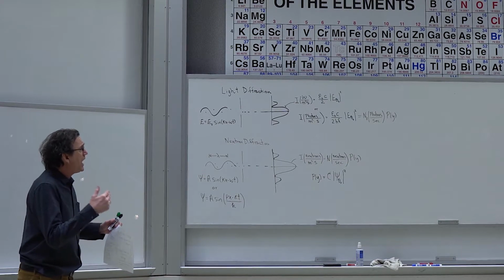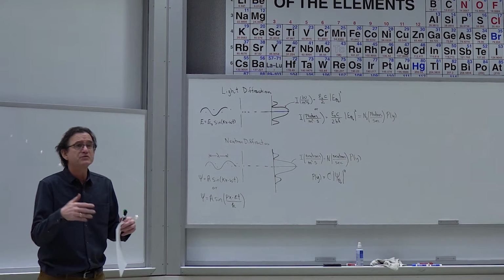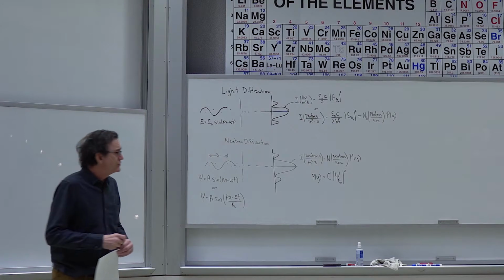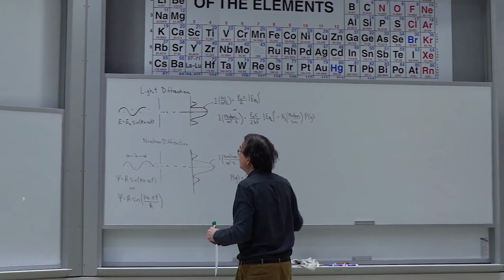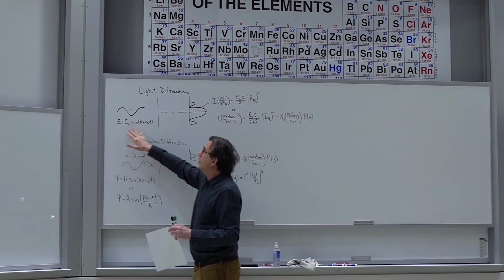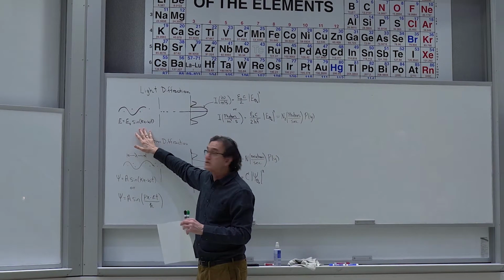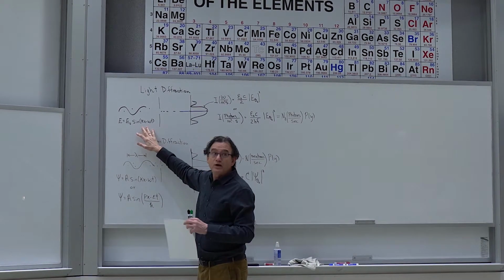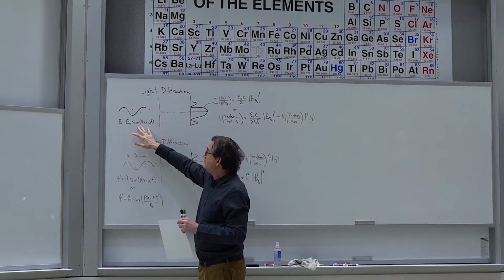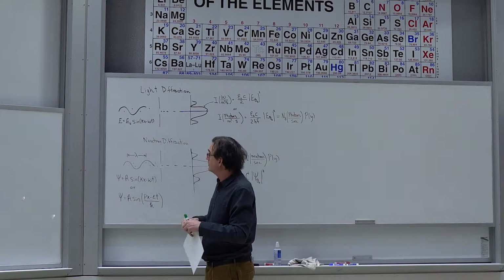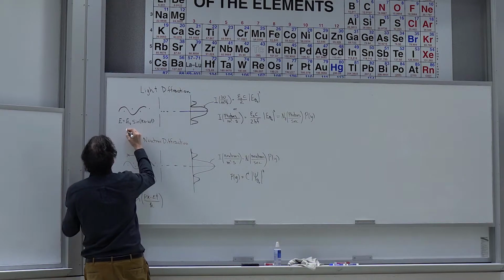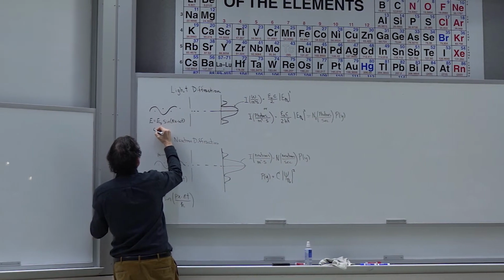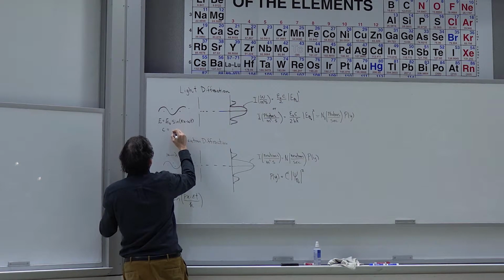Okay, so let's review how we got to where we were with light diffraction. The thing you want to see here is that we start out with a sinusoidal wave propagating into the slit. The equation of a propagating sine wave is sine of (kx minus omega t), and the velocity of the wave, which in this case is c, is equal to omega divided by k.